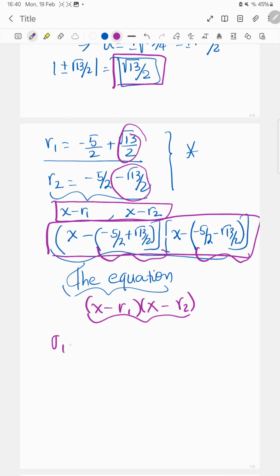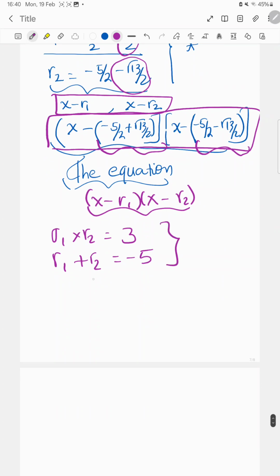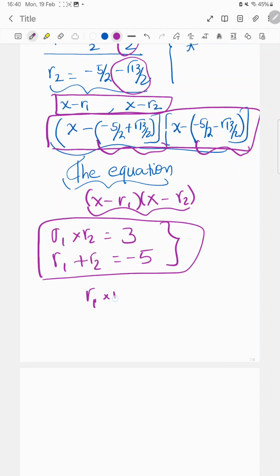The product of the two roots, r1 times r2, is given as 3. The sum of the two roots, r1 plus r2, is given as minus 5. We can use a simultaneous equation approach here to find out what r1 and r2 are, if required. Again, do we really need to do that is another question which we are going to see. r1 times r2 is equal to 3, which implies r1 is equal to 3 divided by r2.